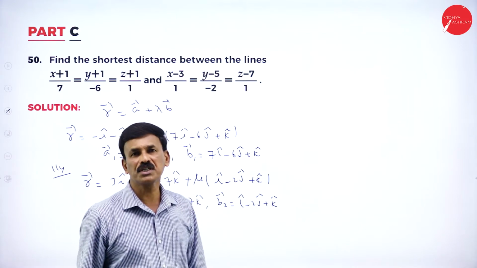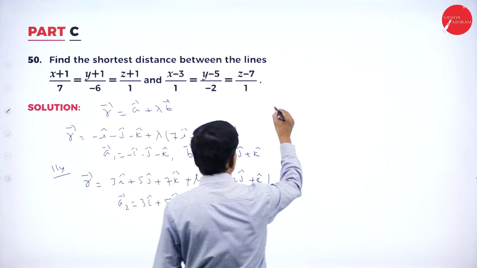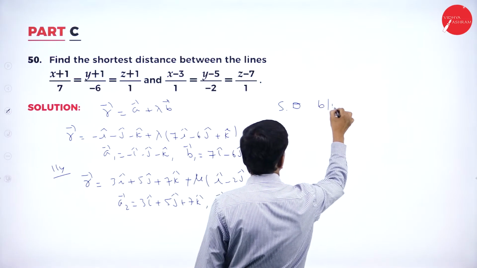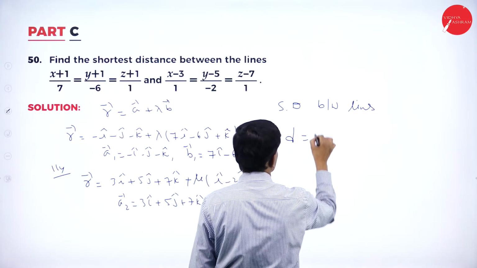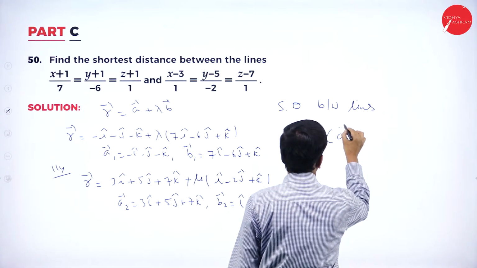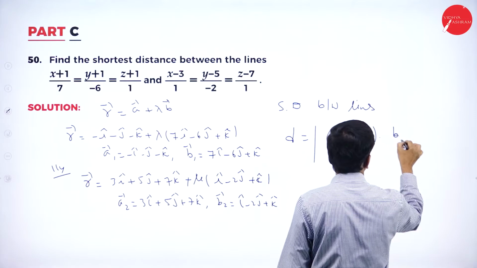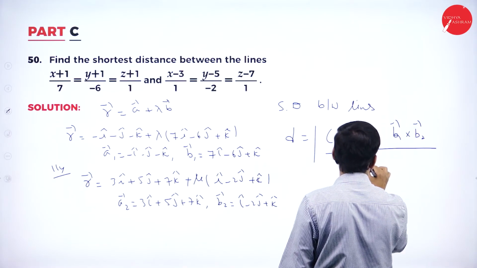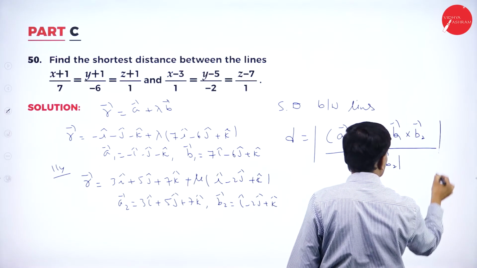Now we know the shortest distance between these two skew lines. These are two skew lines. The shortest distance between the lines is given by d is equal to magnitude of vector a2 minus a1 dot vector b1 cross b2, divided by length of b1 cross b2 vector under mod.